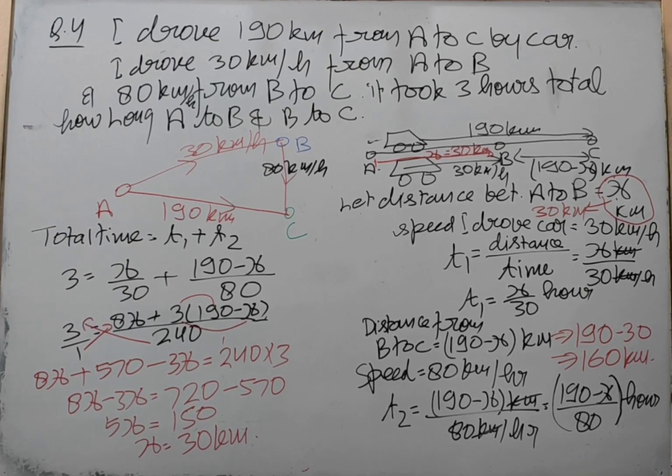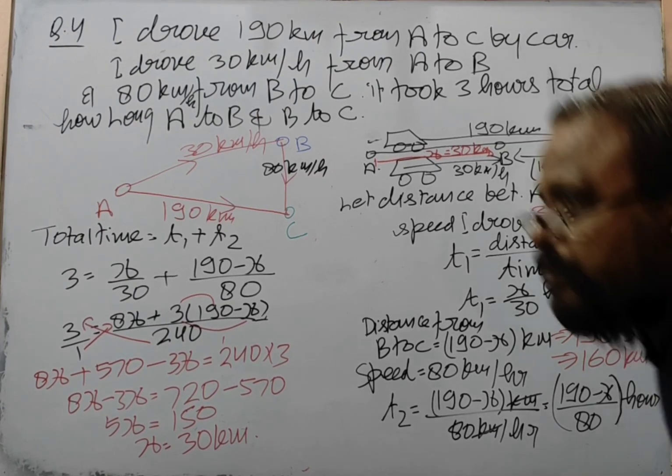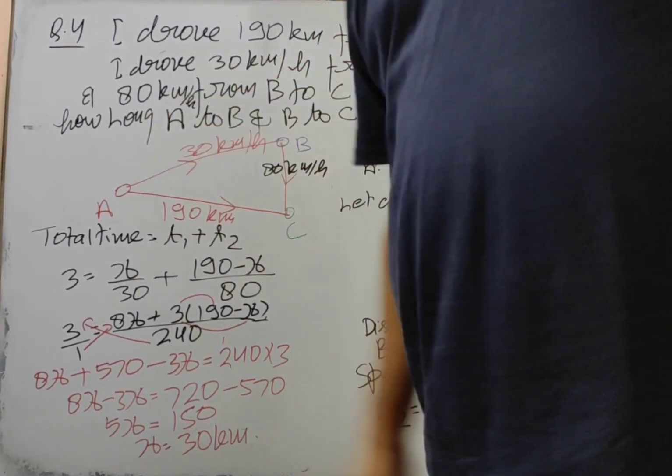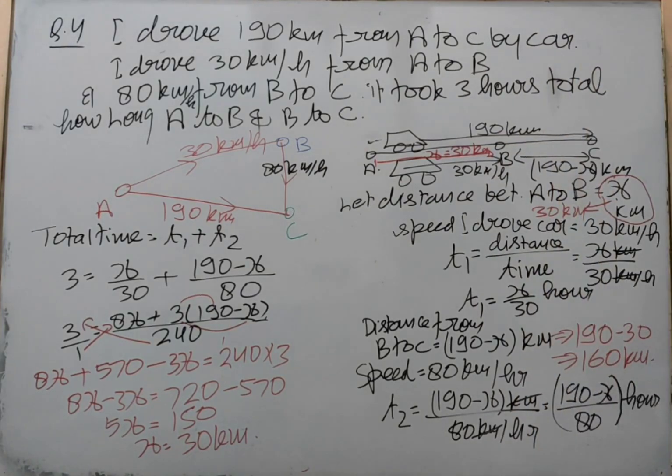This 160 kilometer distance is traveled with the speed of 80 kilometers per hour. So 160 upon 80 becomes 2 hours. So there are 3 hours total in the journey.